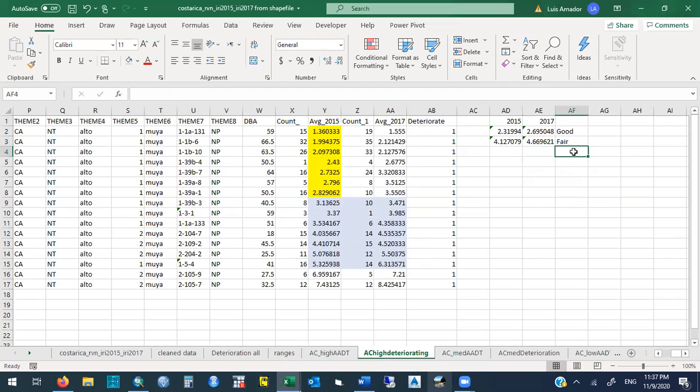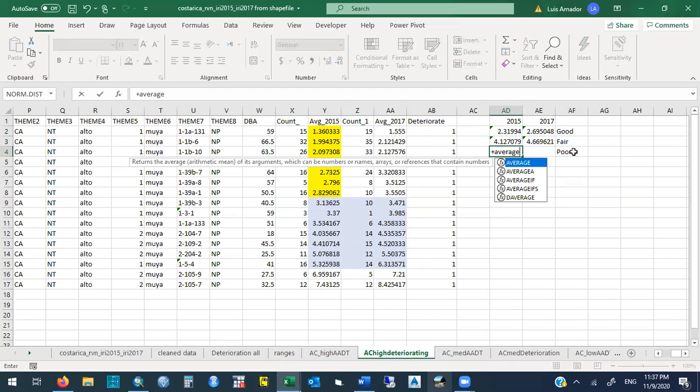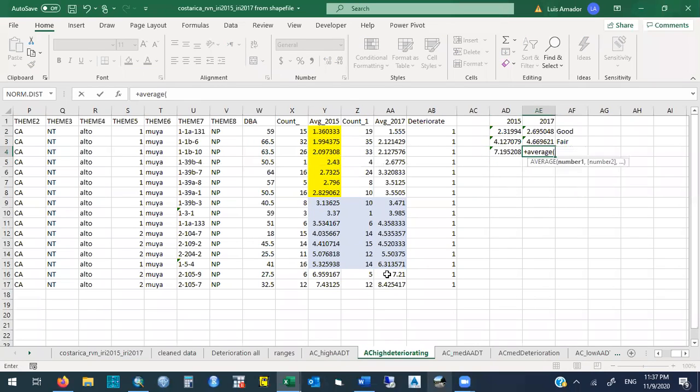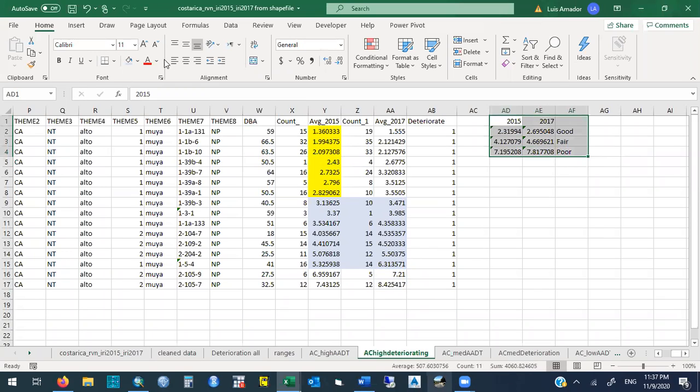And what is my poor? It is 6 to 9. In this case, I have an average out of 2 observations. This is not good. I would prefer to have more. So we might have some unstable results at the end. But this is my group now.